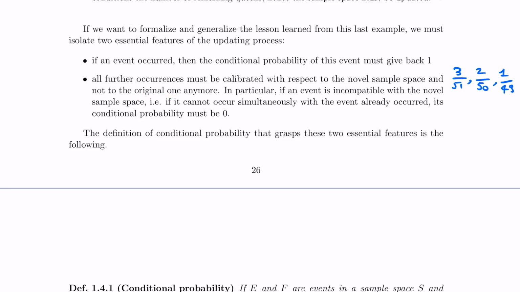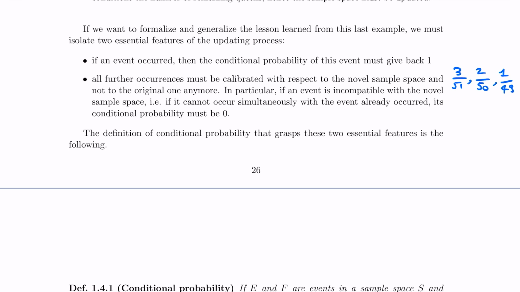Why that? Well, because in the example that we have just analyzed, after receiving the first queen, we have updated the probability of receiving another to 3 over 51, etc., etc. These are all examples of calibration of the sample space after the acquisition of a novel information.